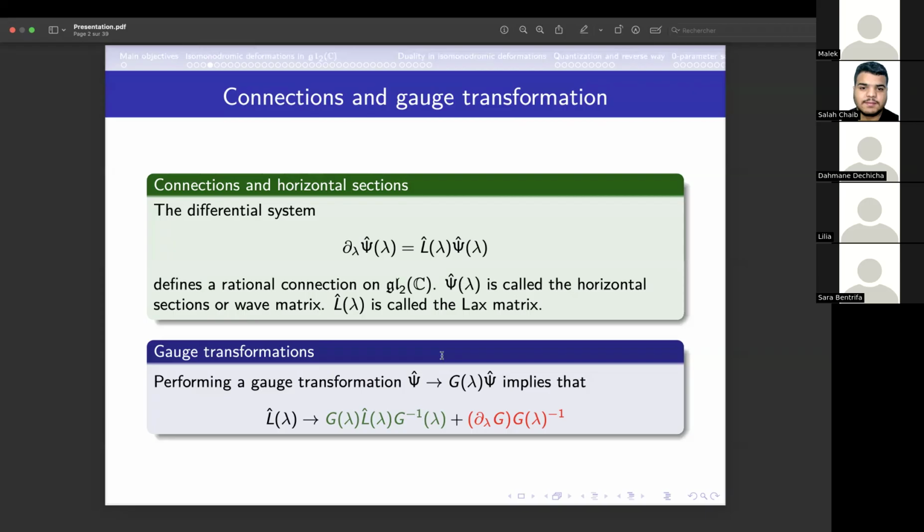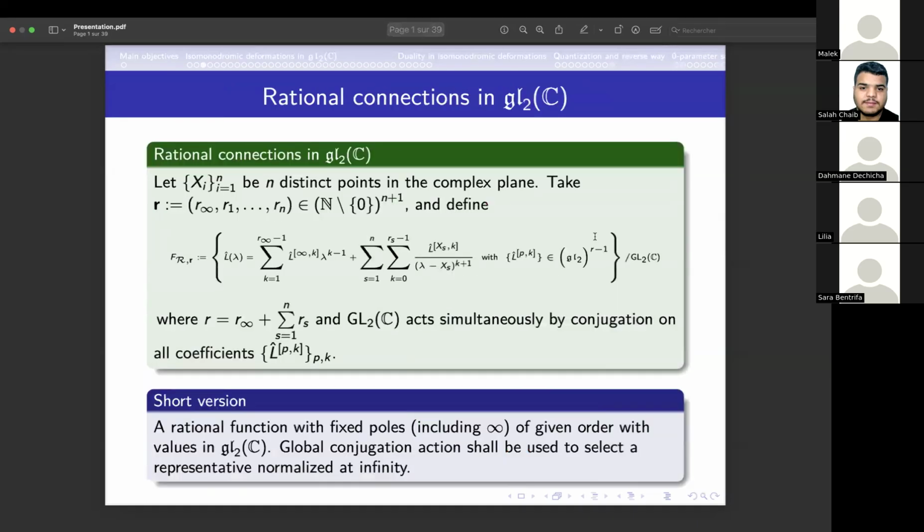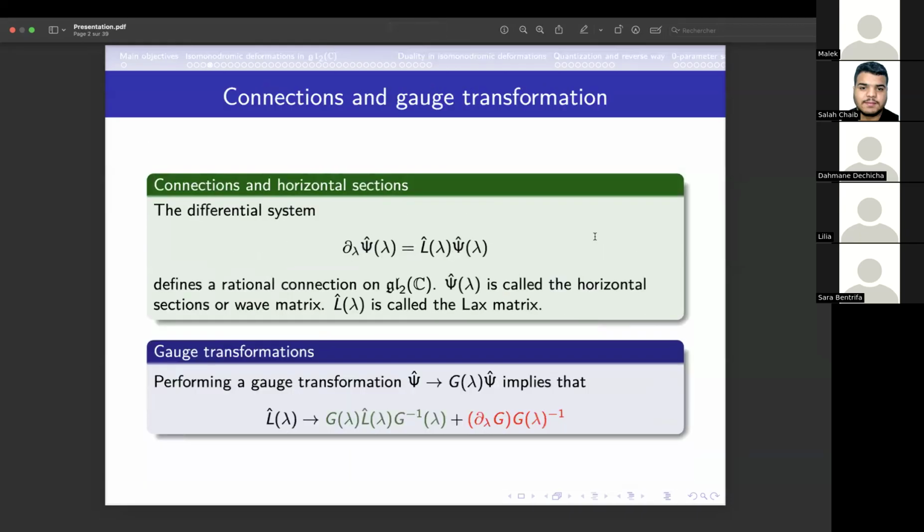However, it should be with L hat of lambda, which is given in terms of the initial Lax matrix with some combination of the conjugation action. So this is why it is important to quotient by GL2C, in order to eliminate the connections that are going to give the same solution. Two connections are isomorphic when they are related by a gauge matrix. Okay.